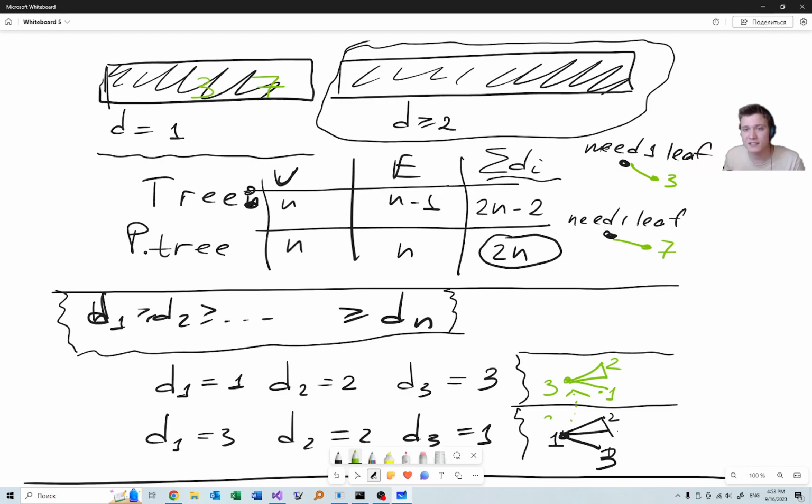But as I said, it doesn't change the structure of the graph. You can choose the indices arbitrarily. So if you have, for example, six places for leaves and 6 different indices of the leaves, you can match them in any order. Any matching will be fine.